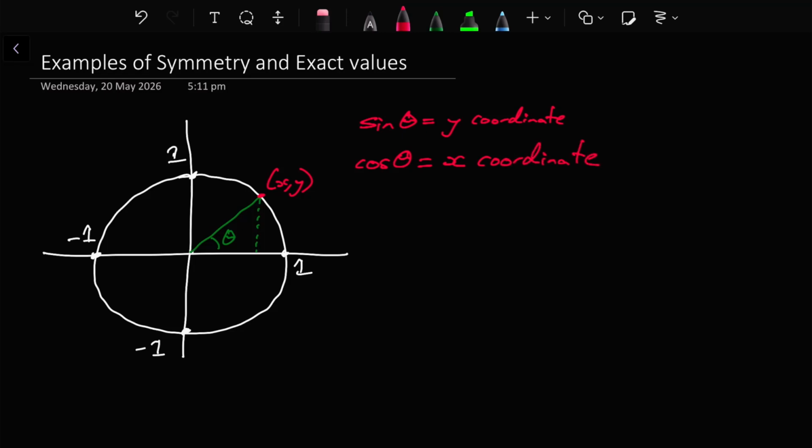And then tangent, by definition, is equal to the sine divided by the cosine.